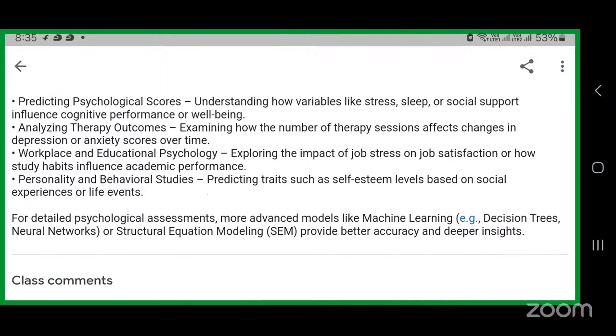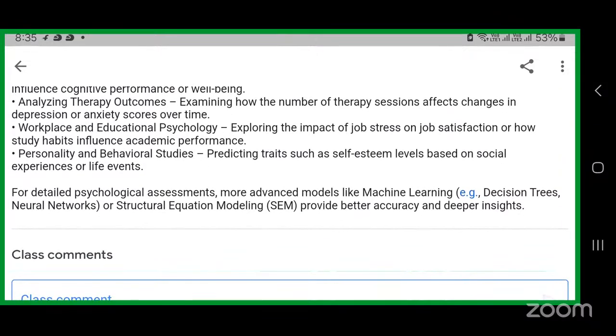For detailed psychological assessment, more advanced models like machine learning, that is the decision tree, neural network, or structural equation modeling, may provide better accuracy and deeper insights. So this is all about the difference between the two and the application of the logistic regression, as well as the linear regression.